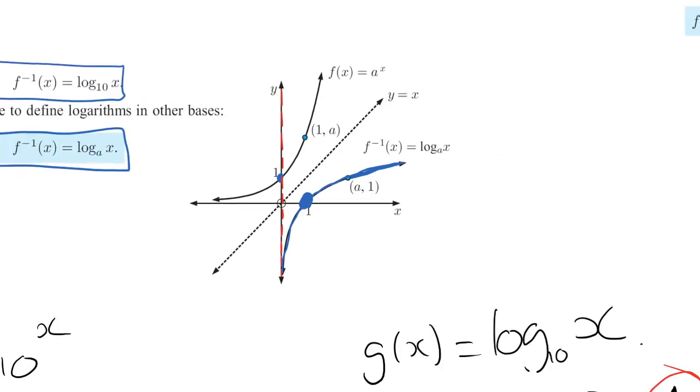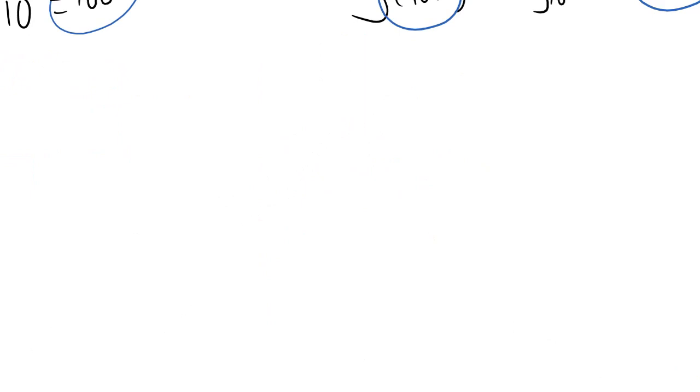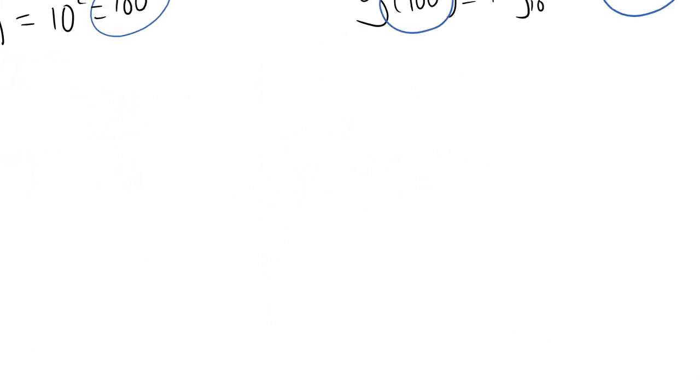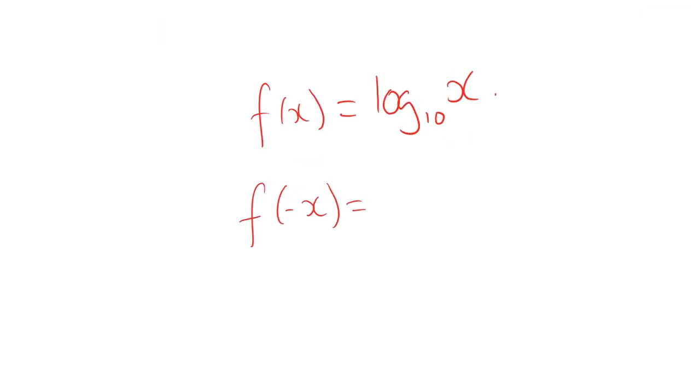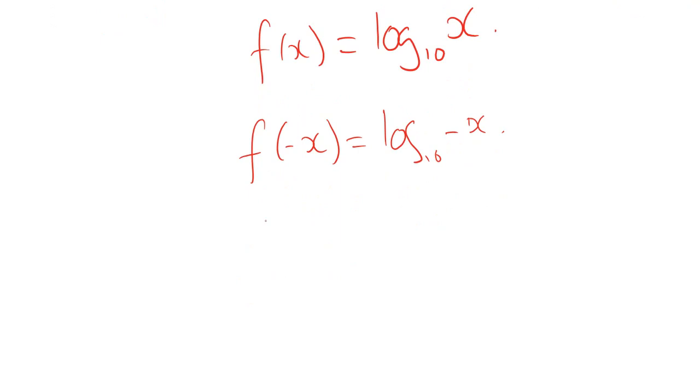Now, from there, what we can do is combine all that with our knowledge of transformations to think about what these things are going to look like. Just for example, if f of x is equal to log base 10 of x, then f of minus x would be a reflection in the y-axis, just like it always is. That's log base 10 of minus x, although there is a sticking point to that one, which I might come back to.